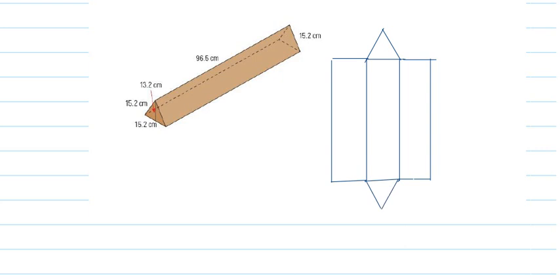Now, what would the long side equal to? 96.5 centimeters. So that's going to be for every single side that goes parallel to it.